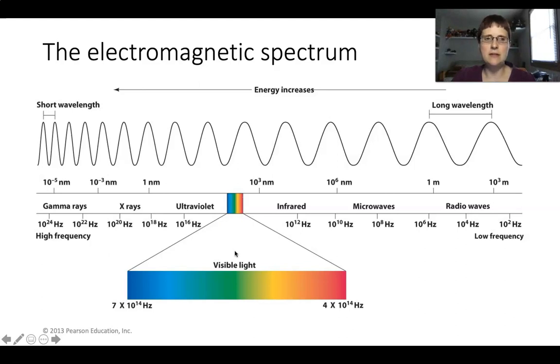They don't do it often though, so don't panic about it. Like I said, though, we're going to be focusing here on the visible part of the spectrum. You probably know it as Roy G. Biv, right? Red, orange, yellow, green, blue, indigo, and violet.